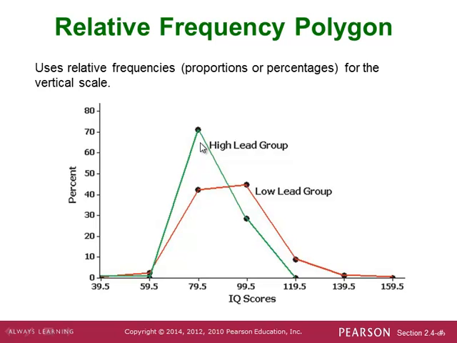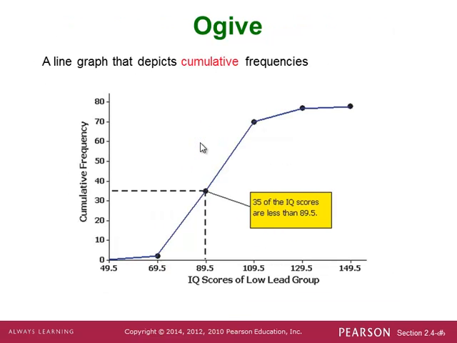Not to say that conclusively exposure to high levels of lead causes a decrease in intelligence for children, but at least this is one piece of evidence to support that conclusion.